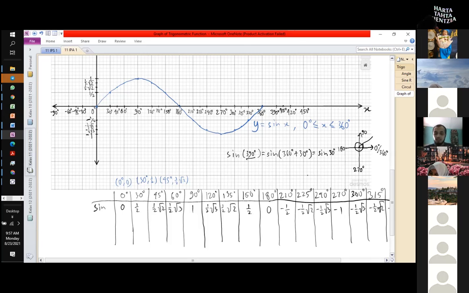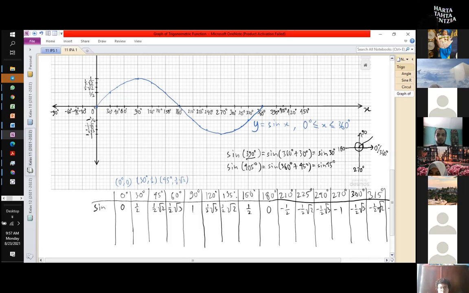Artinya nilai sinnya juga sama ya. Sehingga sin 390 derajat sama dengan sin 30 derajat, kemudian sin 405 derajat ini karena 360 tambah 45, maka ini sama dengan sin 45 derajat.